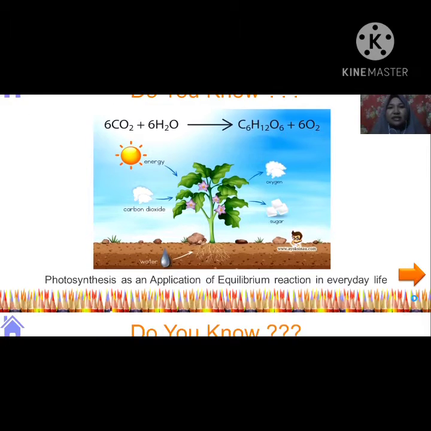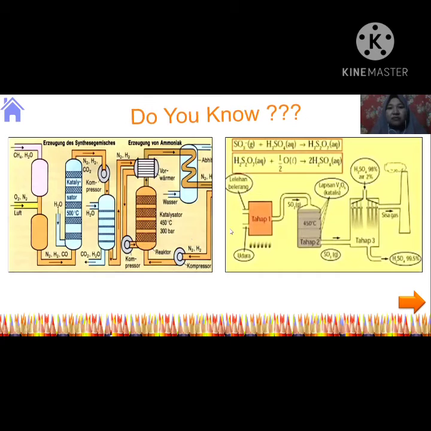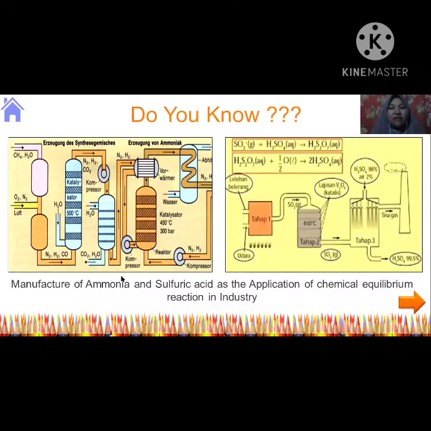Okay, the next is, what do you think about the picture? Okay, I'm sure that you're not familiar with this picture because it is only in factories. This is the manufacture of ammonia and sulfuric acid. This is the manufacture of ammonia and this is the manufacture of sulfuric acid.